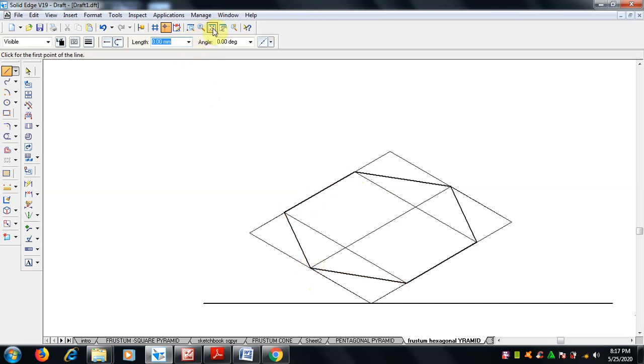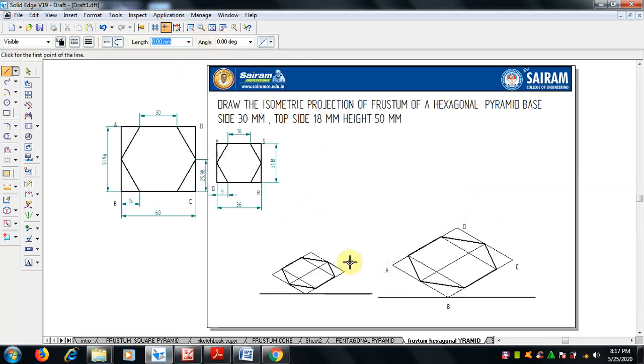So now we have done the top and bottom base. Okay, this is a bigger one and the smaller one. Now we have to keep it in line, that is total height is 50 mm.